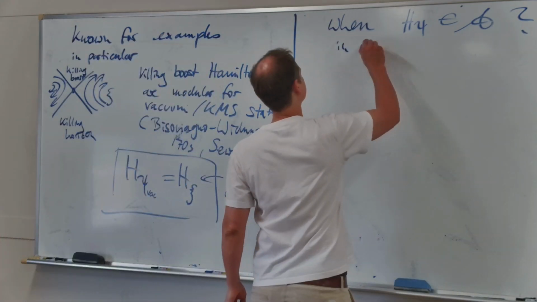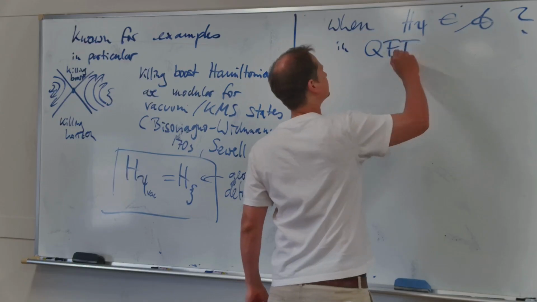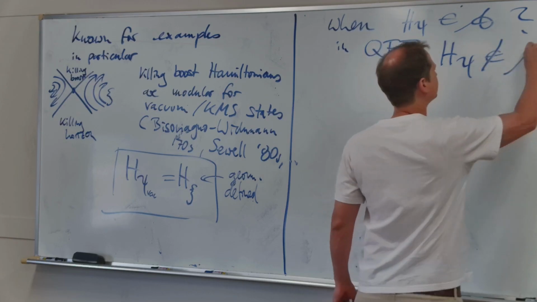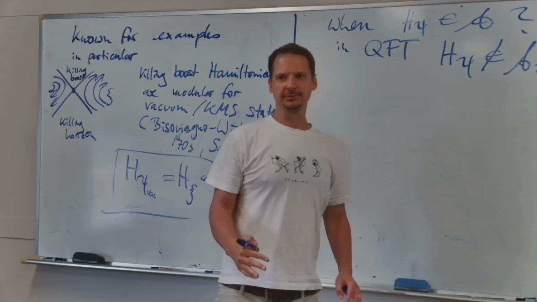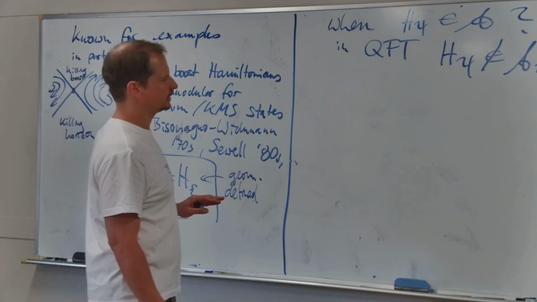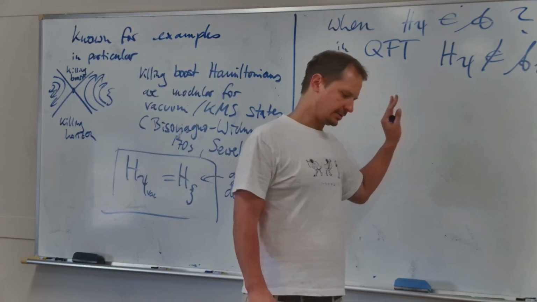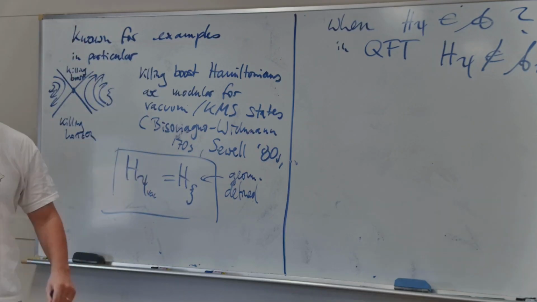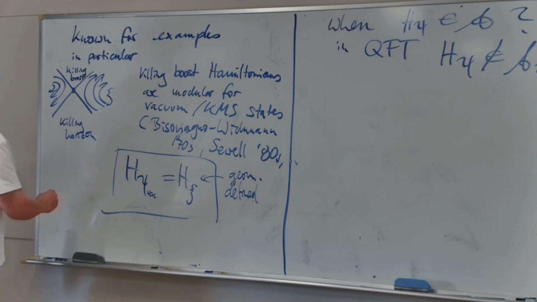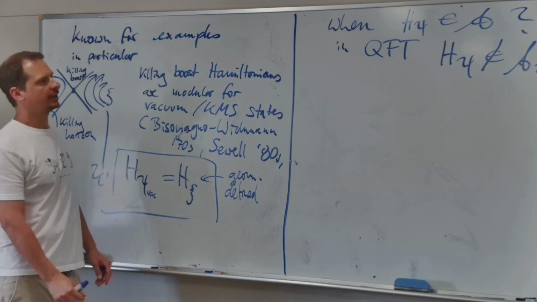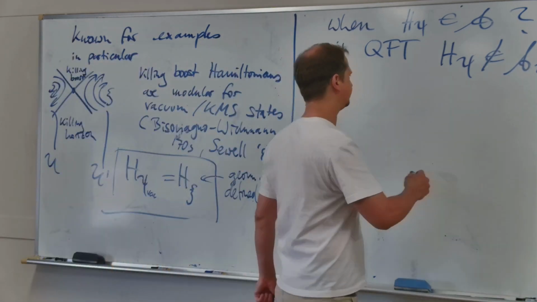So in QFT, for instance, H psi is not part of the regional algebra. Of course, it's part of the global one. Bounded functions of it are going to be part of the global algebra of bounded operators on the global Hilbert space, but we call this U and U prime, and they're not going to be part of that algebra.